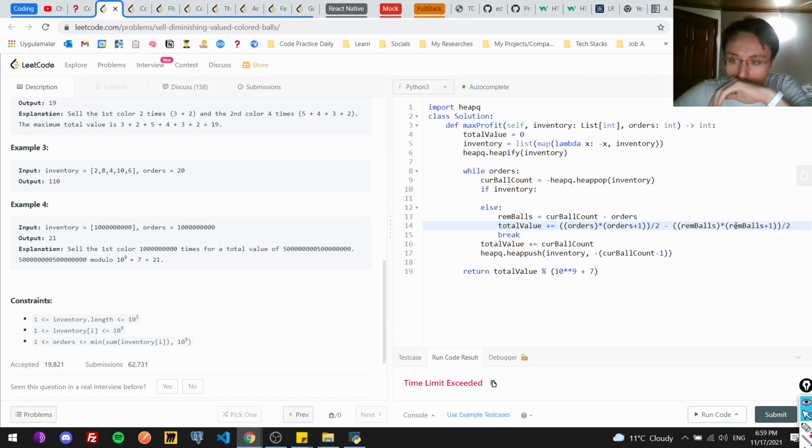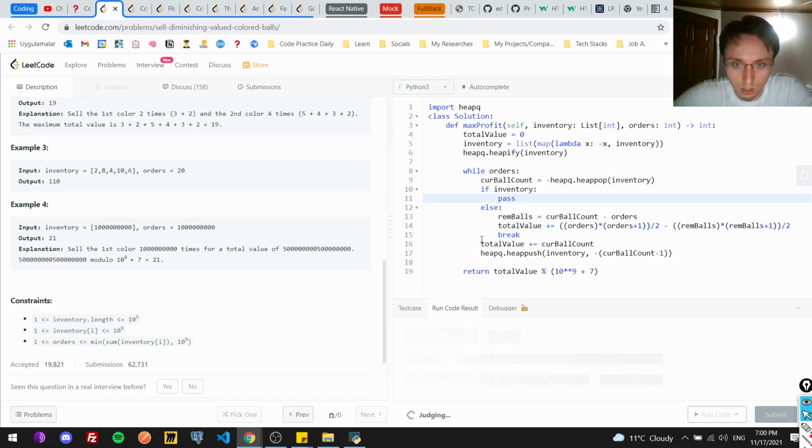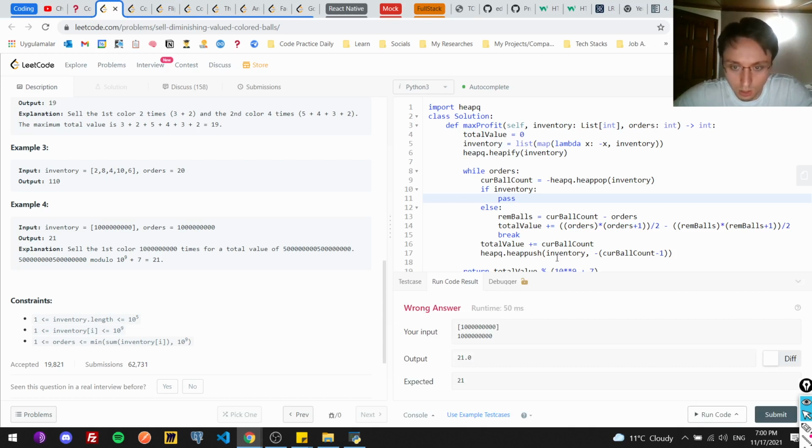So 0 times 0 plus 1 will be 0. Add that 1 to there. Pass. Okay, this should return me that. It should be correct with million. So this should be divided by 2. Okay, like that. Now it should be correct.